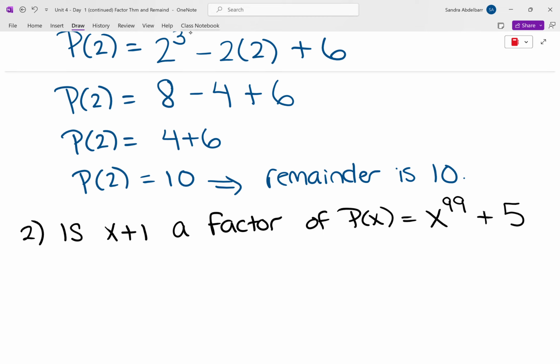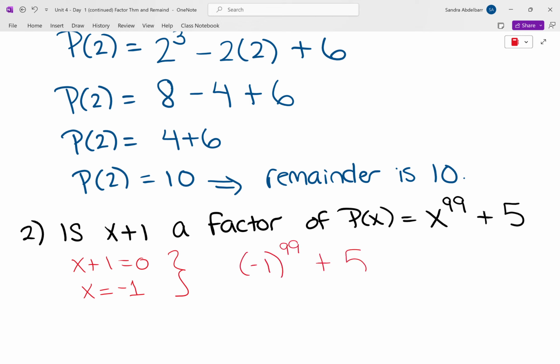We can use the remainder theorem and take the x plus 1, set it equal to 0, and get x is equal to negative 1. Now I'm going to take that negative 1 and plug it into the polynomial. So we're going to have negative 1 to the 99th power plus 5. What is the rule? If you take a negative number to an even power, it becomes positive.